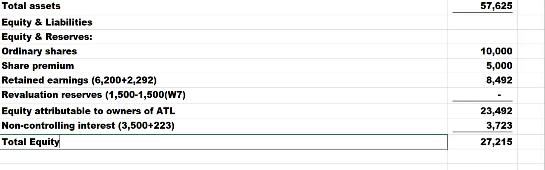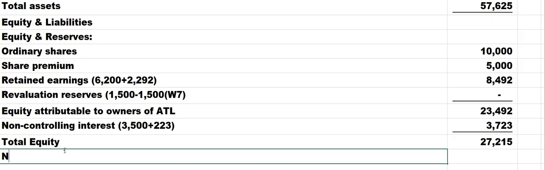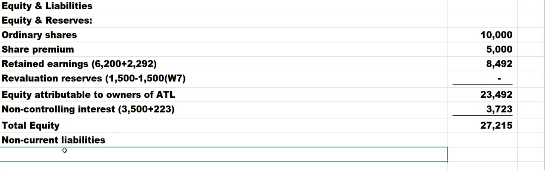From total equity, then we can move to the liabilities section. So non-current liabilities, and under here we have the long-term debt.